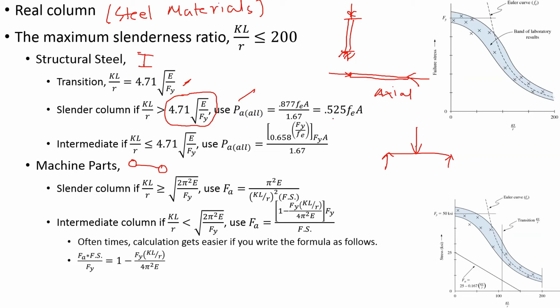Allowable load is calculated by 0.525 Euler stress times the cross-sectional area. The Euler stress, we have discussed in the earlier video, can be found from those equations.